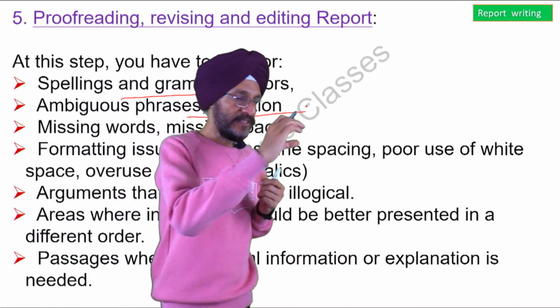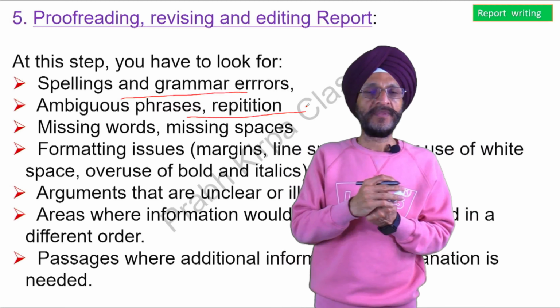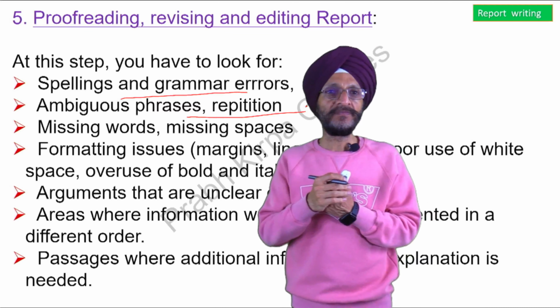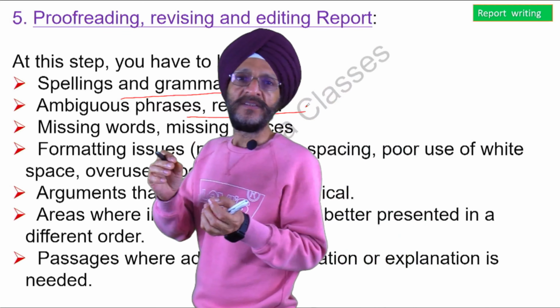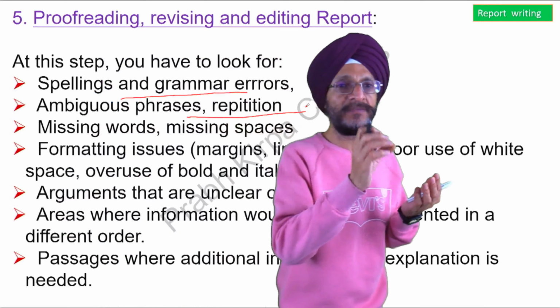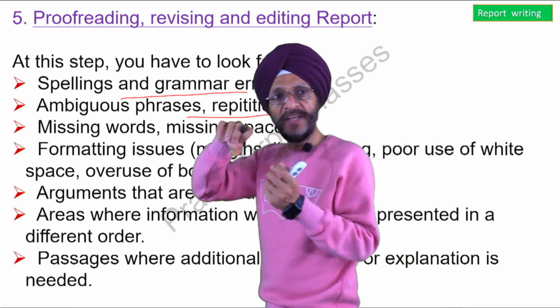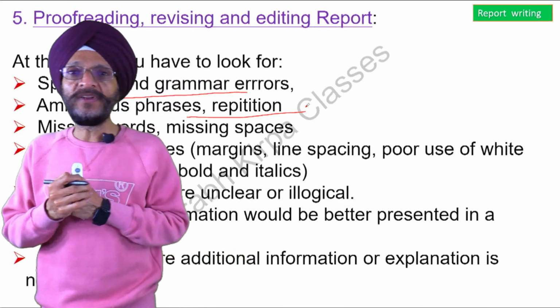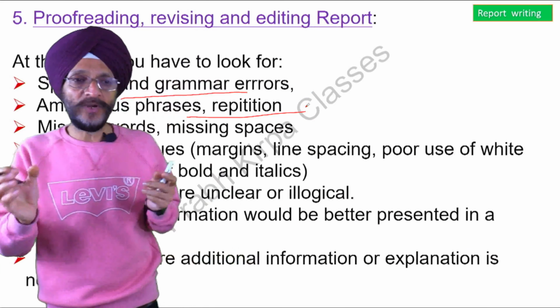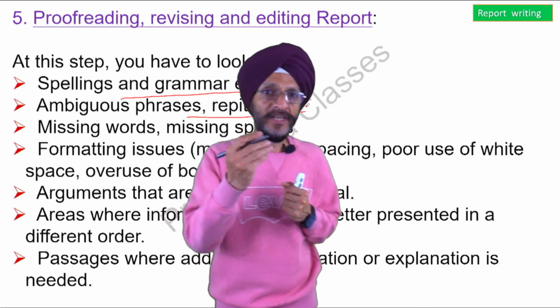White space means the space which is left between the paragraphs, whether it is excessive, then whether the fonts that are made bold are overused or whether there is overuse of italics. We will also have to find out whether we are making arguments in the report that are unclear or illogical.